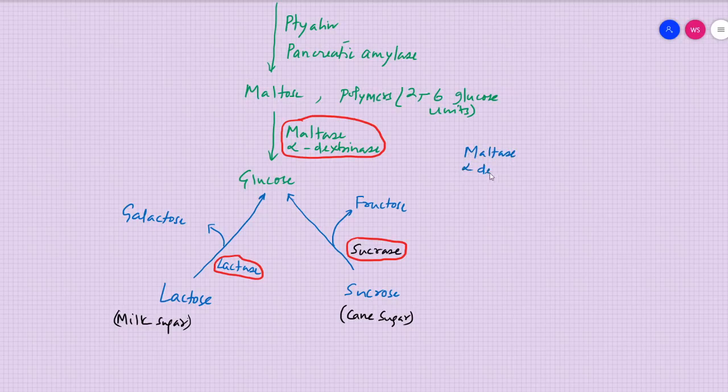These enzymes are collectively called alpha glucosidases.